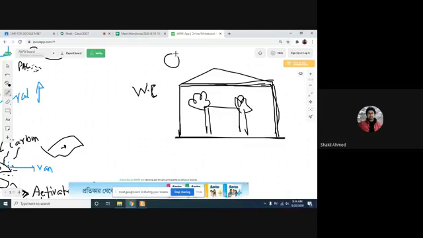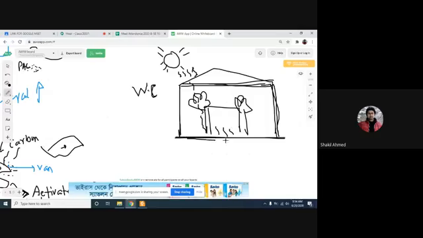What happens is that when sun rays come, first of all, they are hot, right? They pass through the glass, and since they have a higher temperature, their wavelength is much smaller, so they can enter, and heat is absorbed.